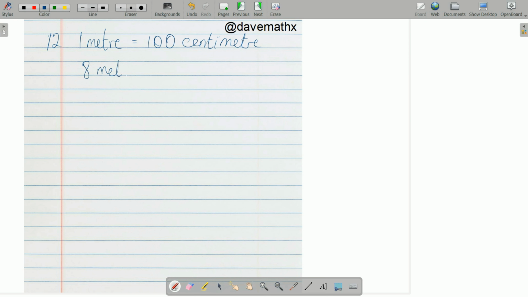Eight meters will therefore be represented by x. After that we cross multiply. X times 1 is x. Next, on the opposite side, we have 8 times 100. X becomes 800 centimeters.